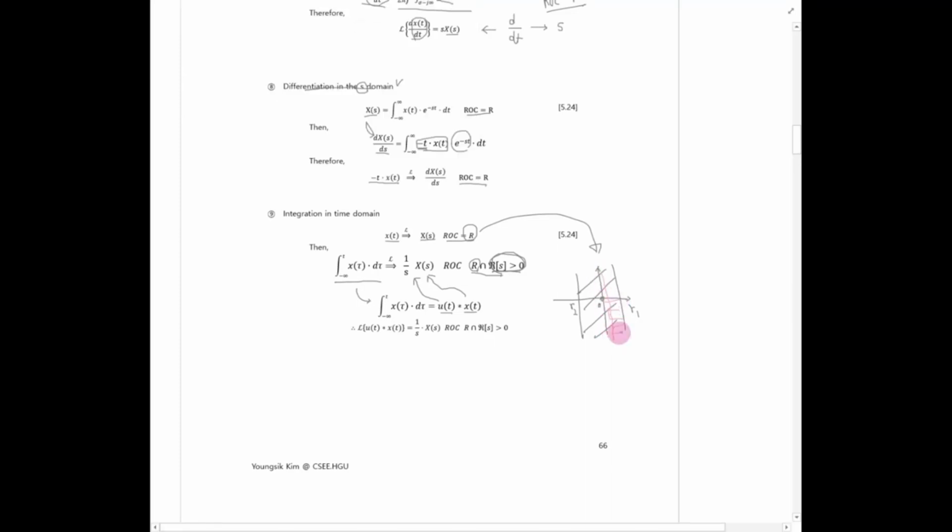So the intersection is this one, R, with the real part of s positive. To satisfy both conditions, the region of convergence for the integration is given like that. So the region of convergence and the Laplace transform are given that way.